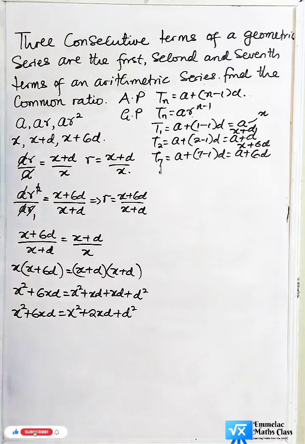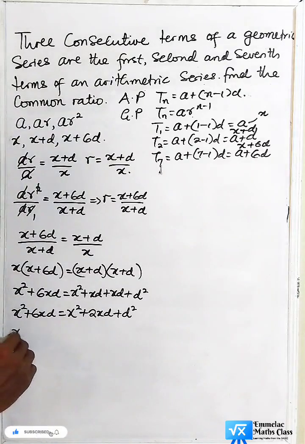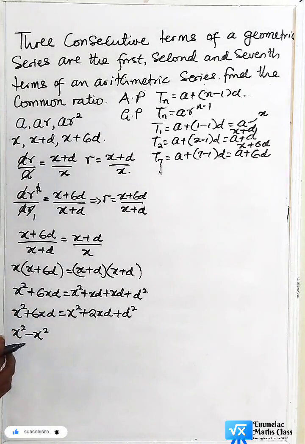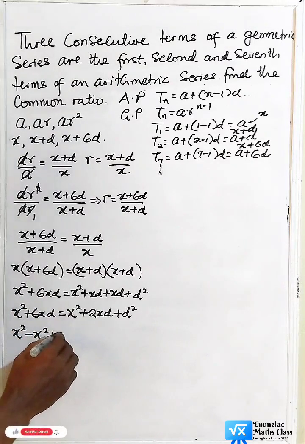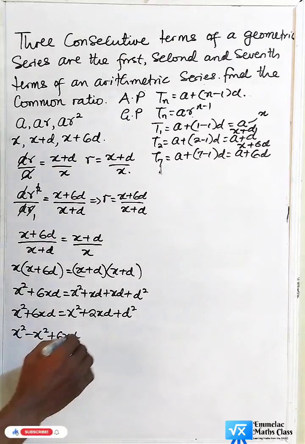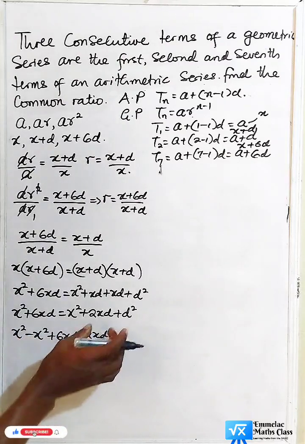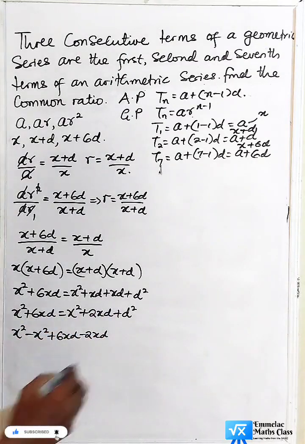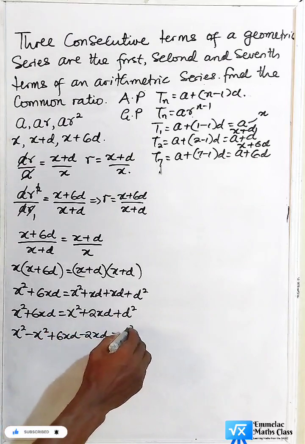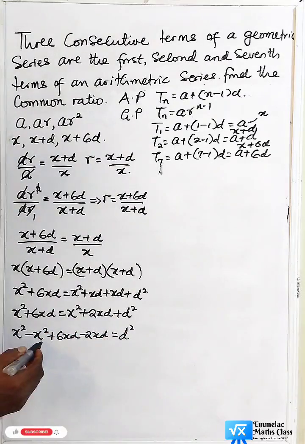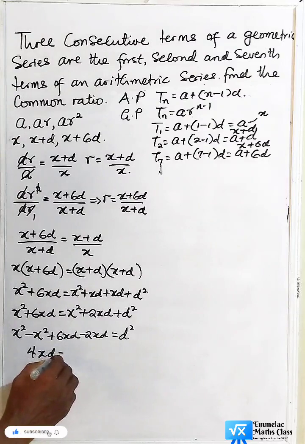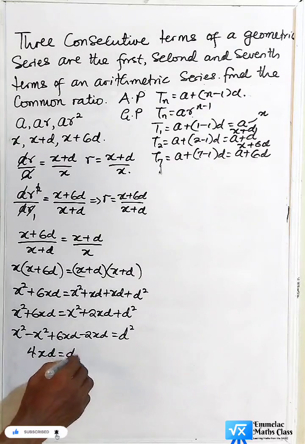Alright, collecting like terms, we have x squared minus x squared, because when x squared moves over to the left hand side it becomes minus, then plus 6xd, then minus 2xd, as 2xd comes over to the left hand side, equals d squared. Now x squared minus x squared becomes 0, and we are left with 4xd equals d squared.